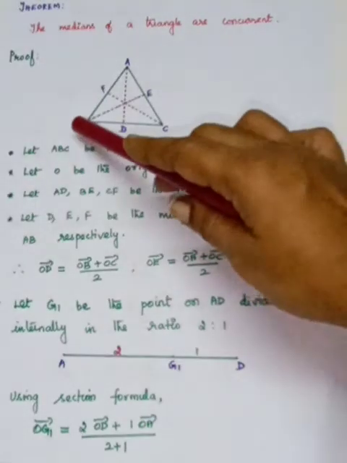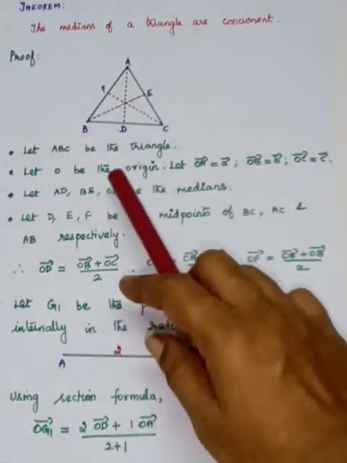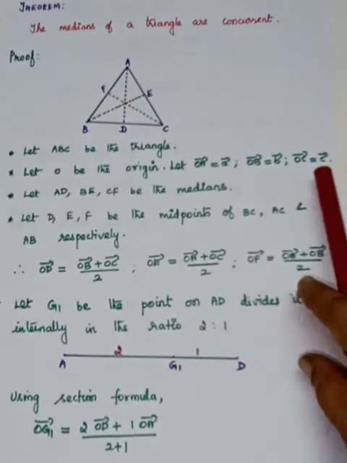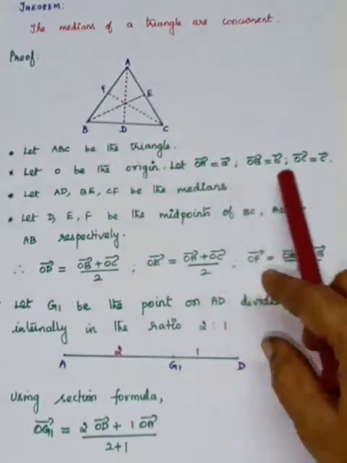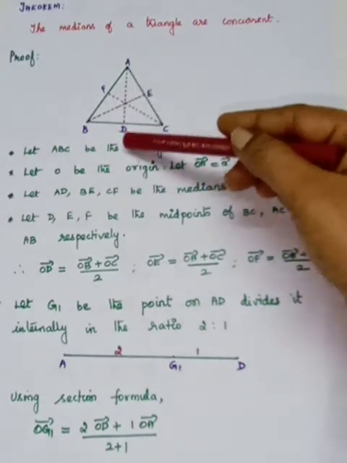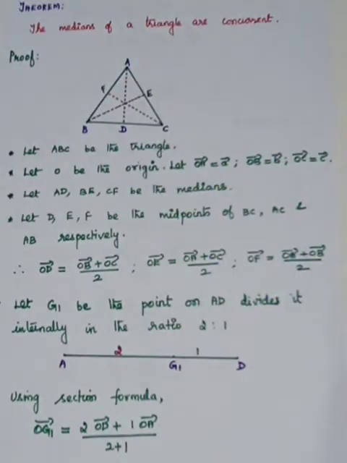Here I have taken a triangle ABC. Let O be the origin. OA vector is A vector, OB vector is B vector, OC vector is C vector. So for the three vertices we have taken the position vectors. Here the medians are AD, BE, CF.